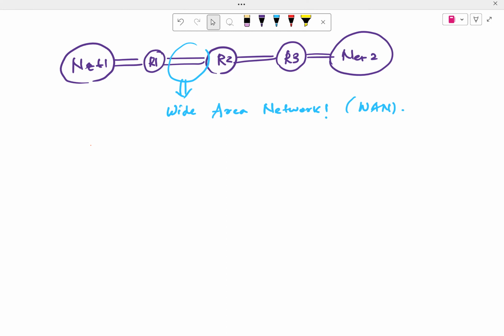So the typical notation of an IP address is like this.